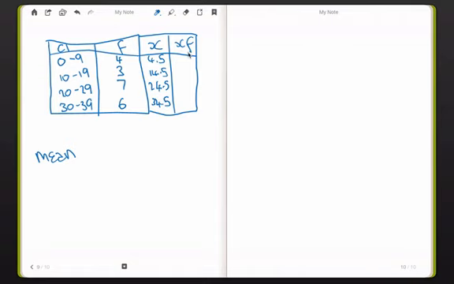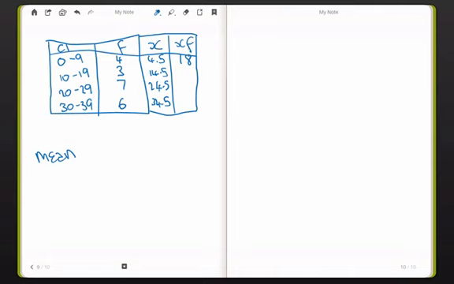Now XF, remember when there's no sign, when we're talking about algebra, it just means times. So it just means X times F. So we're going to do 4 times 4.5. I'm going to get my calculator out so I can do it a lot faster. So we've got 18 for this one.